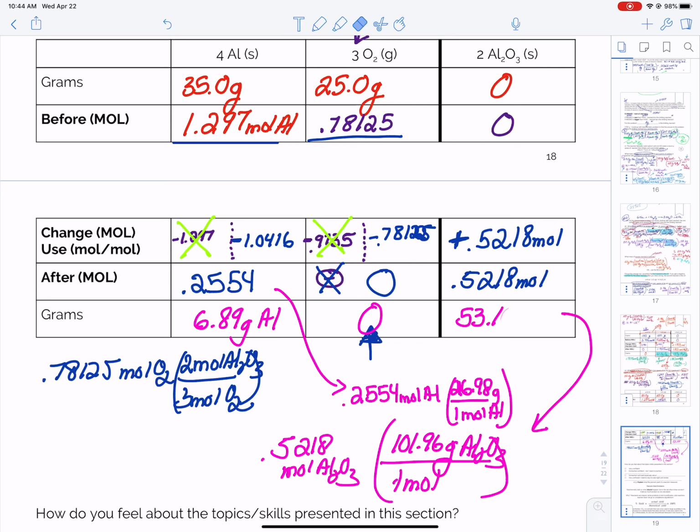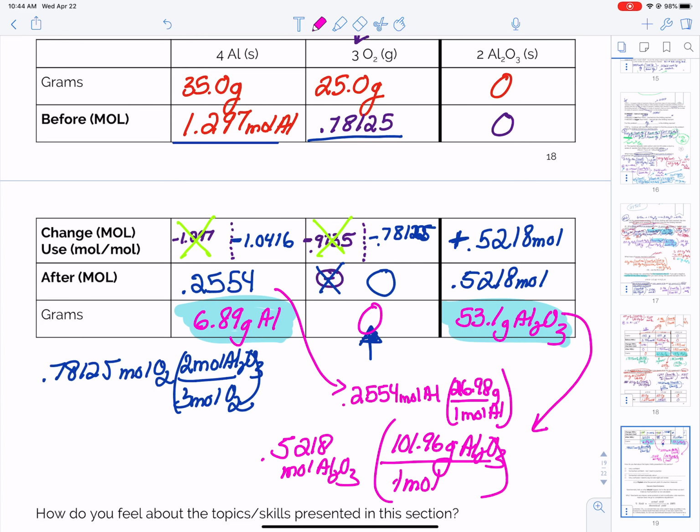It's going to be 53.1 grams of Al2O3. So I've answered both questions. The first question says, what mass of aluminum oxide will be produced? That's 53.1 grams. How much of the excess reactant will be left over? That's 6.89 grams.